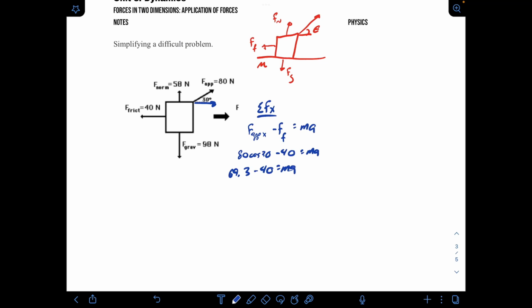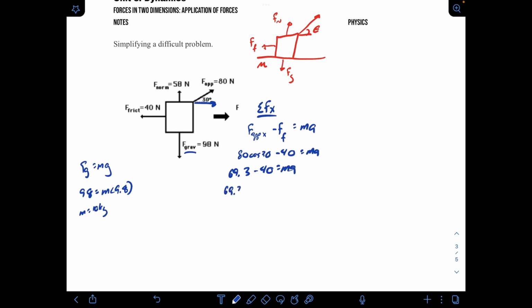We need to know what the acceleration is, so all of a sudden I can go to my force of gravity equals mg, so 98 equals mass times 9.8. So if we see that, we should see pretty quickly that the mass here is 10 kilograms.